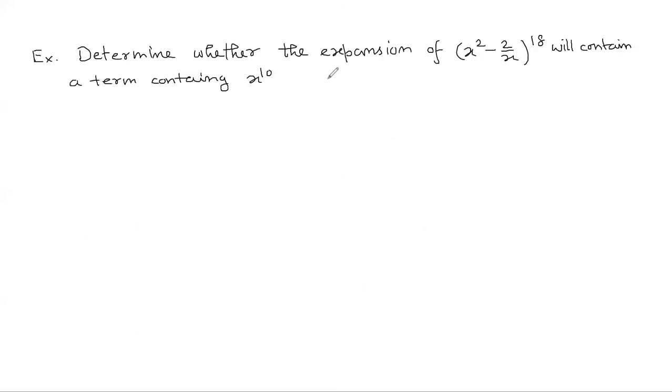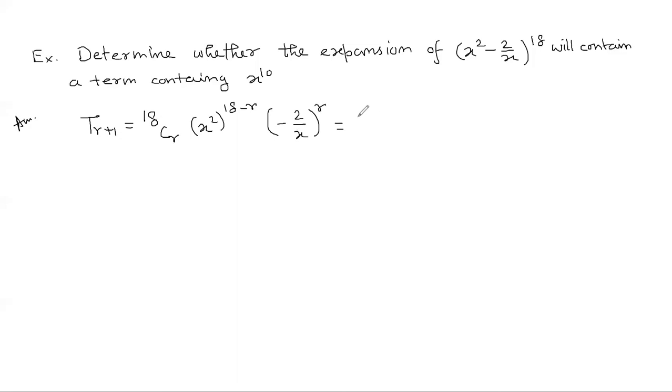Next, let us take this question. So here we have to determine whether any term in the expansion of this contains x power 10. So for this, first we need to write the general term, which is given by T r plus 1, that is equal to 18Cr x square power 18 minus r and minus 2 by x power r.